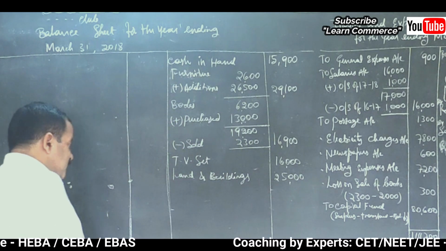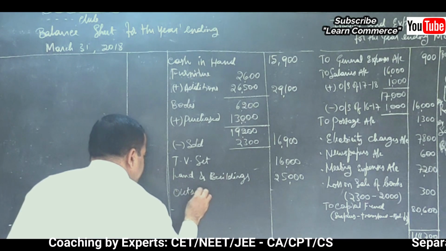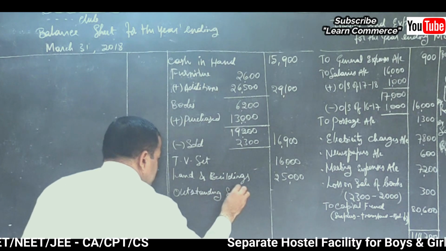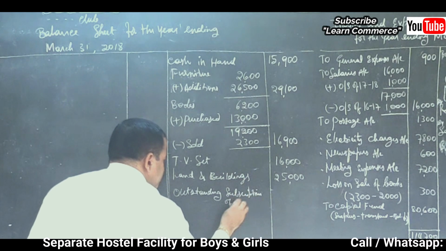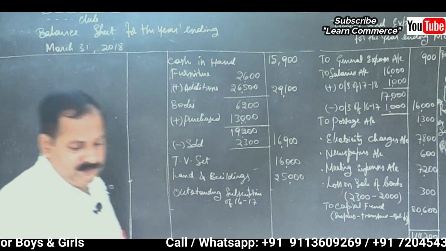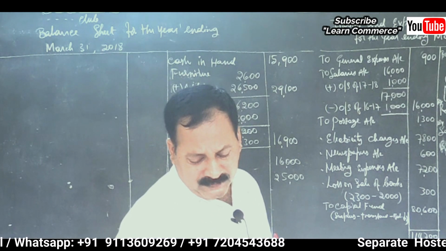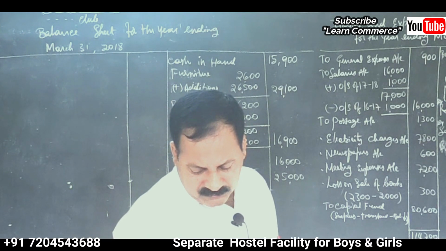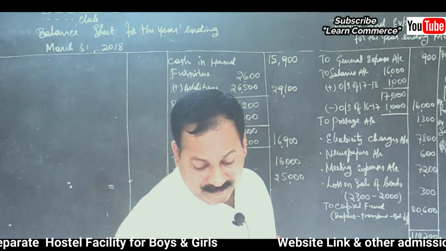Outstanding subscription of 16-17. What is this? See here, 16-17 outstanding subscription was, they told, subscription outstanding on March 31, 2017.